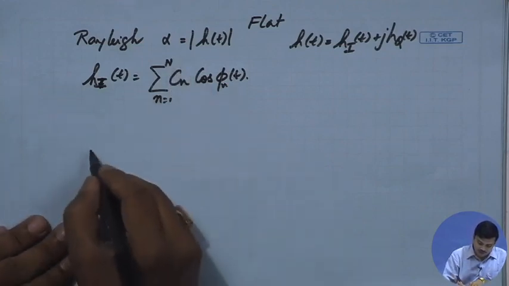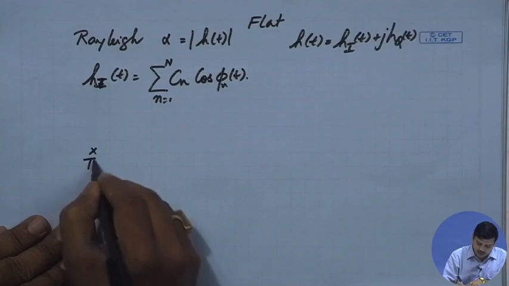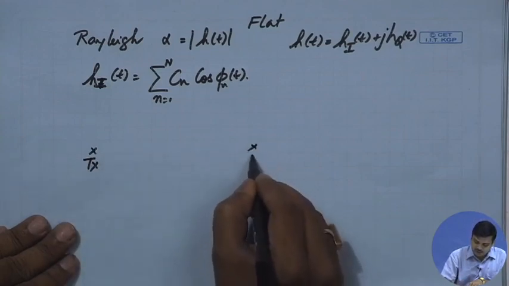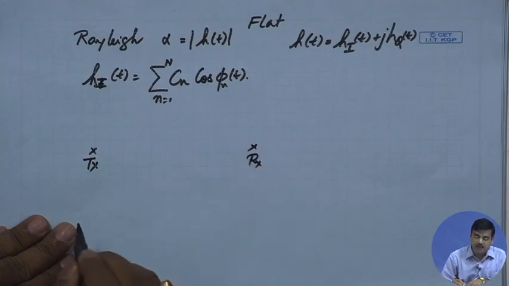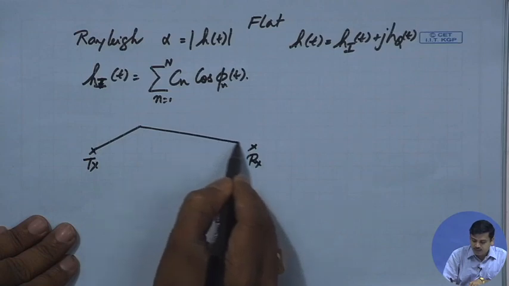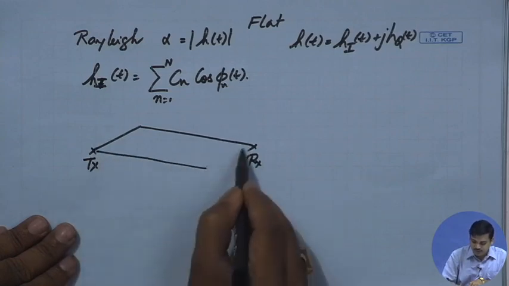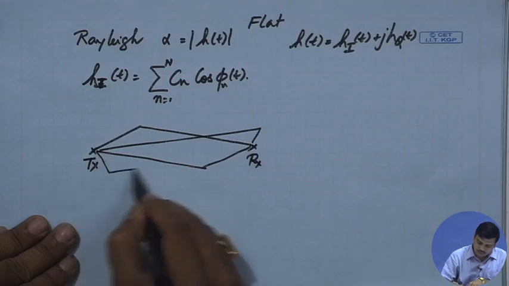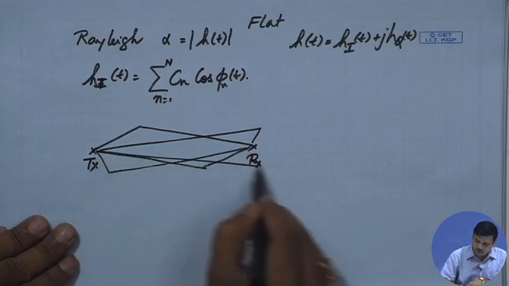So, what we effectively mean is, suppose there is a transmitter which we indicate by Tx, and there is a receiver which is indicated by Rx. There are N number of paths between the transmitter and the receiver. This we should always remember.